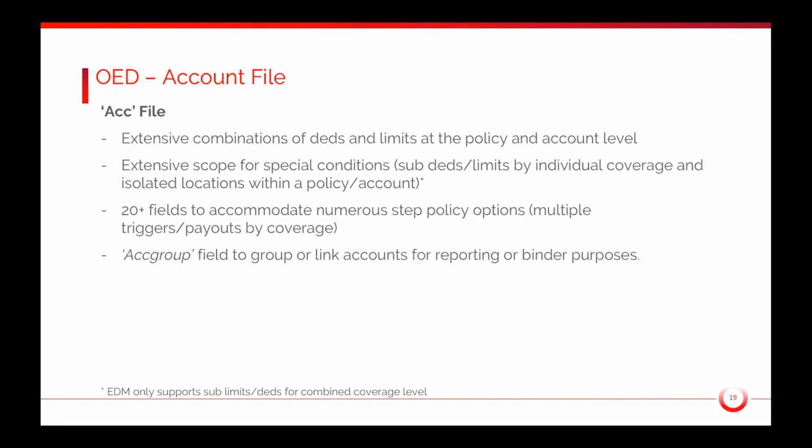And like I said, there's a lot of function for step policies, a lot of triggers and payouts. And similarly to location, the account file also has an account group field. Again, if you want to link a group of accounts for reporting purposes or binders, you can do.